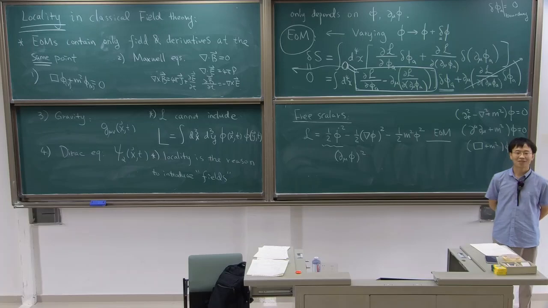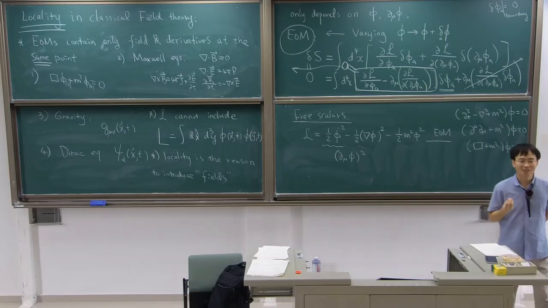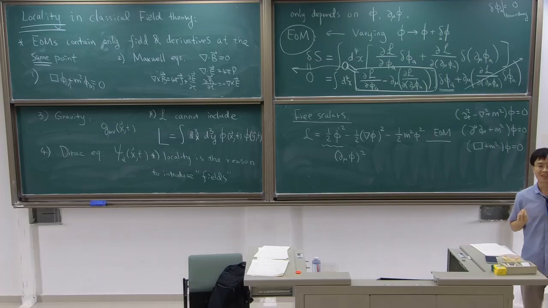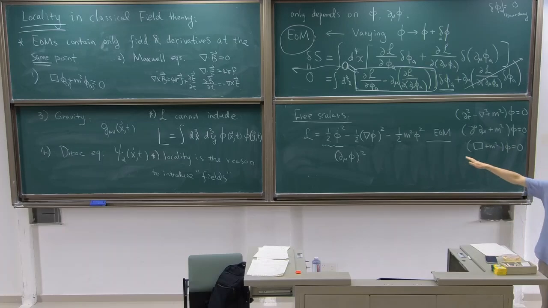Can you try to observe? Because we want to look carefully into the symmetry properties of the Lagrangian. For this theory, what are the more symmetries? Can you guess? Can you try to observe it?